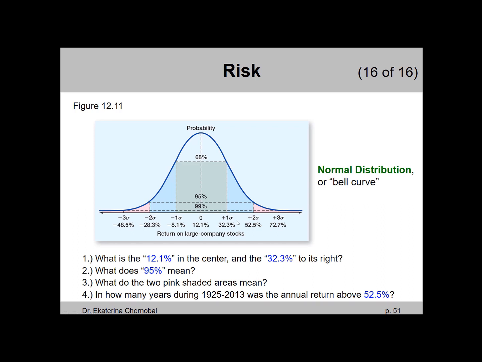Minus 2 sigma and plus 2 sigma, right? It means then we also have 95%, right? So 95% of the time we are within this range, and the remaining 5% of the time, we are outside this range.